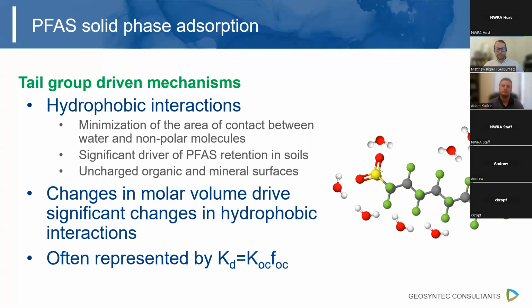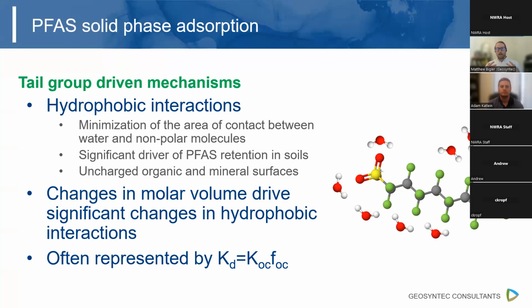You could also imagine that if we were to change the size of this molecule, specifically the molar volume of this molecule, like if we were to cut off 4 of these carbons, or 3 of these carbons, and end up with a smaller molecule, we would have fewer water interactions around this molecule. And so by changing the molar volume of our PFAS, we're really changing the magnitude of these hydrophobic interactions.